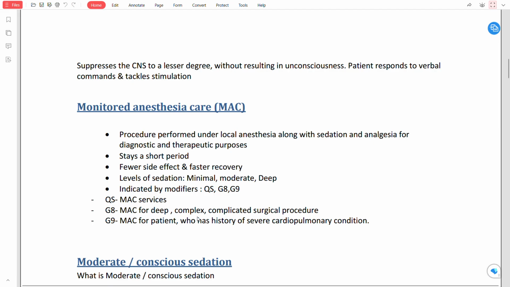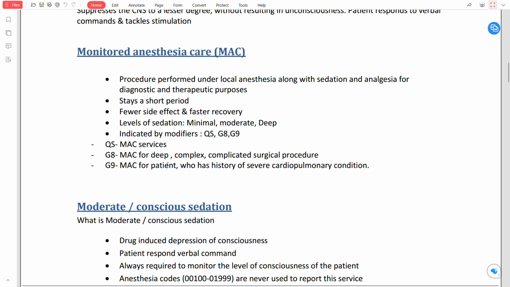These are the 3 important modifiers for a MAC procedure. QS means MAC services. G8 is for MAC for deep, complex, complicated surgical procedures. And G9 is for MAC for patients who have a history of severe cardiopulmonary condition.